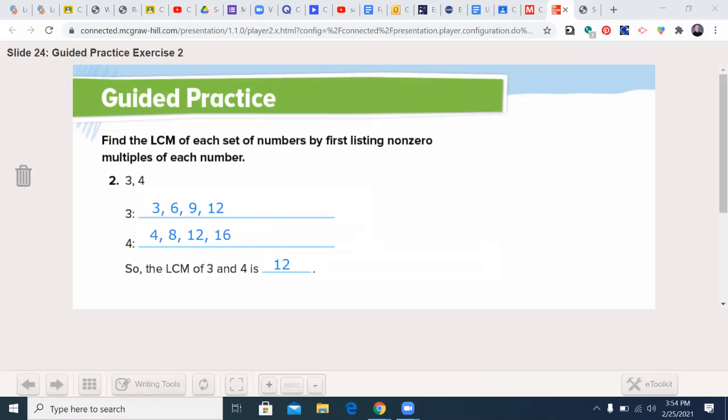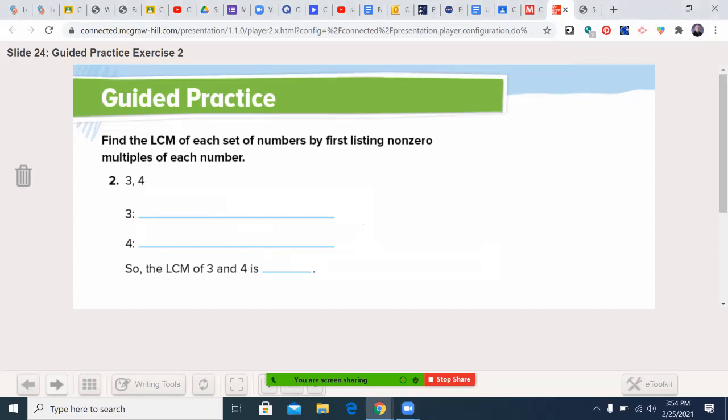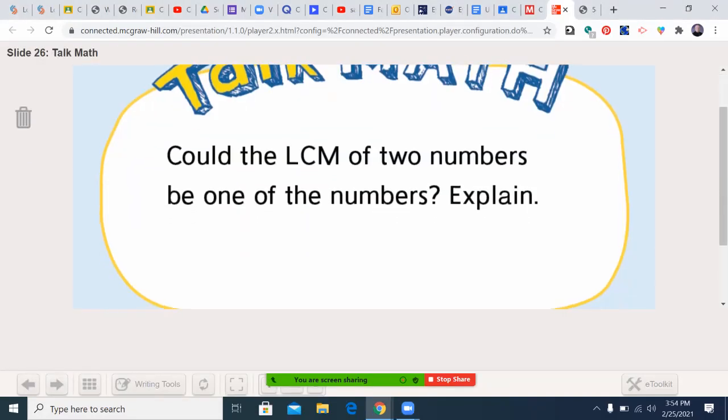All right, I'm going to go ahead and clear the screen. Could the lowest common multiple of 2 numbers be one of the numbers? Absolutely. Let's think first. Well, if one number is double the other right off the top of my head, let's look at 7 and 14.